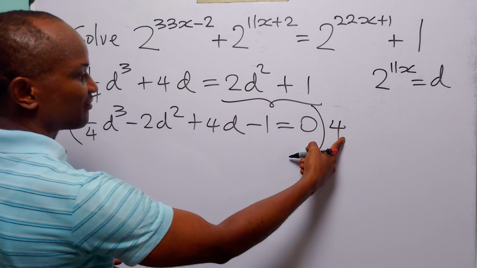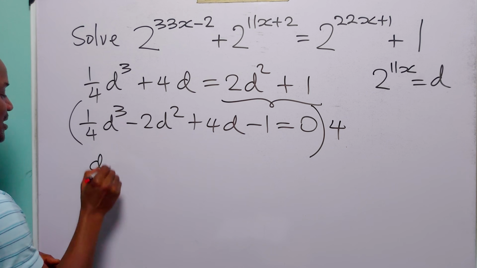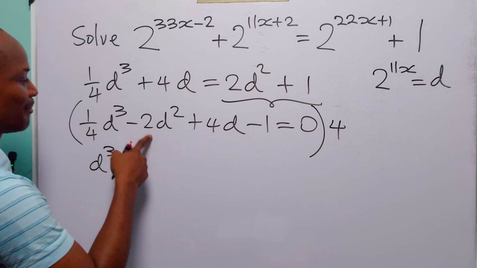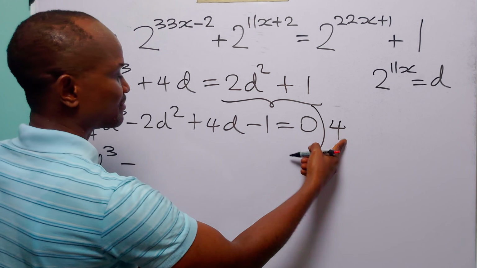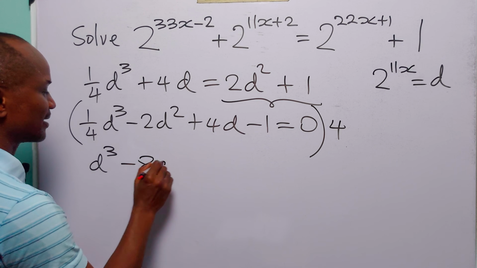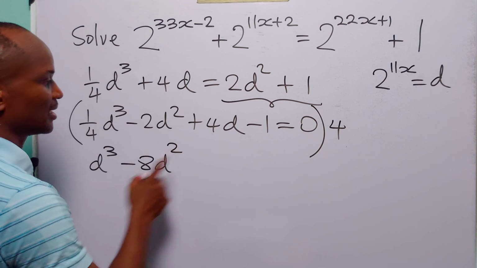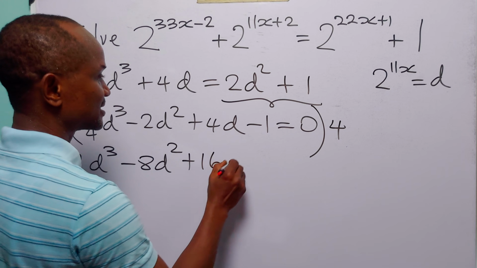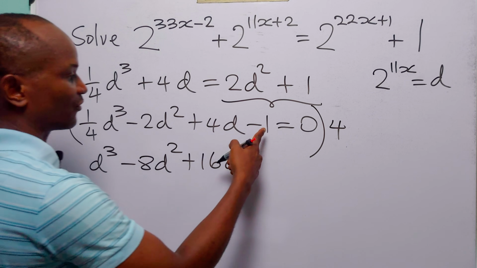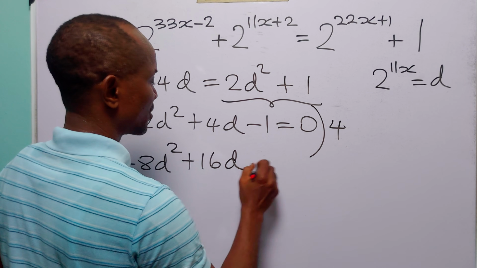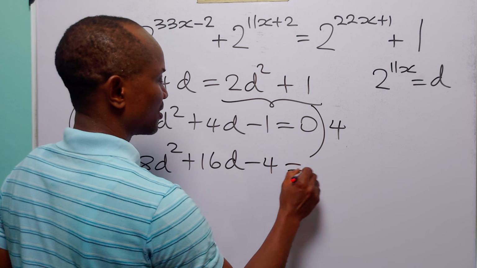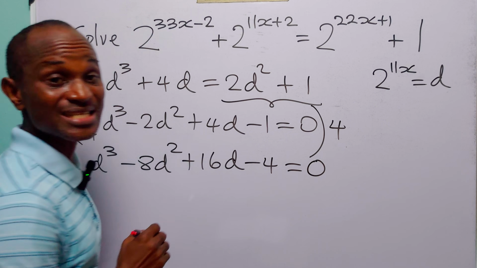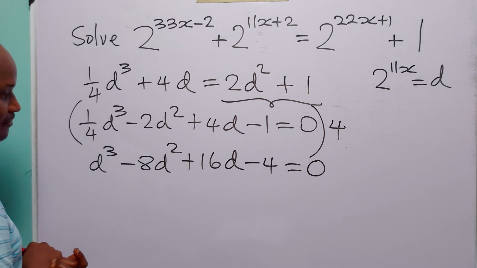So here we have 4 times 1 over 4 d cubed, which gives us d cubed. Minus 2d squared times 4 gives us minus 8d squared. 4d times 4 gives us 16d. And of course, minus 1 times 4 gives us minus 4. 0 times 4, of course, is equal to 0.